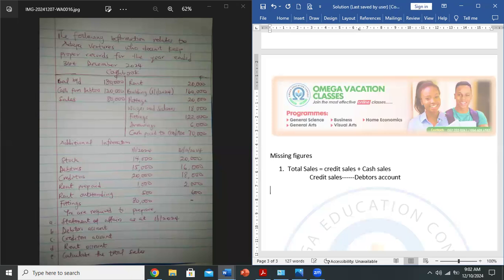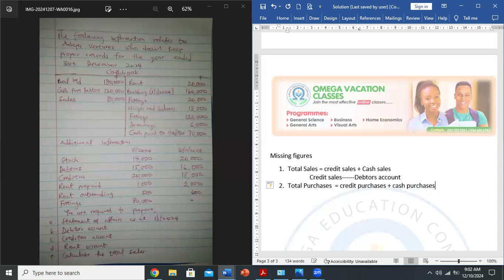Now the second thing is you would also need your total purchases, which also follows the same formula as that of the sales. So total purchases is also equal to credit purchases plus cash purchases.